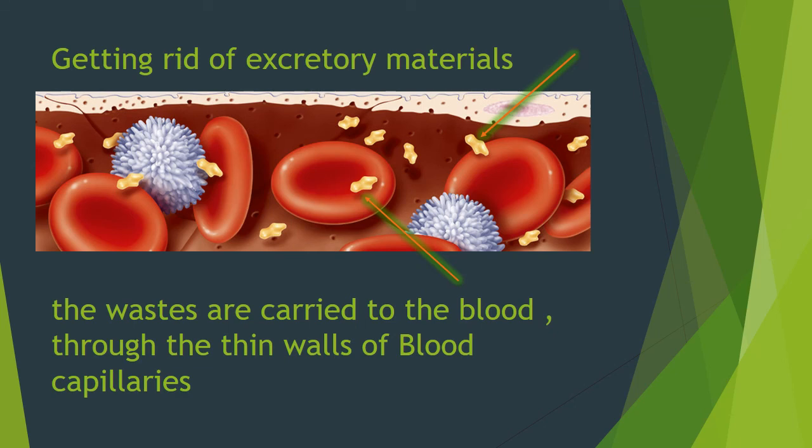Through the thin walls of blood capillaries. Do you remember blood capillaries from the last lesson? We have said that blood capillaries are connecting between arteries and veins, and they have very, very thin walls. Do you remember? So the wastes are carried to the blood, especially where? In the blood capillary, okay?